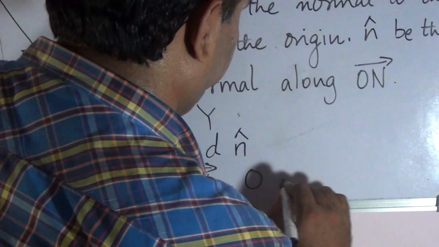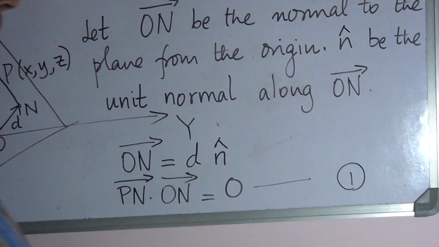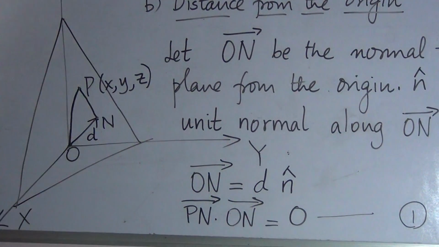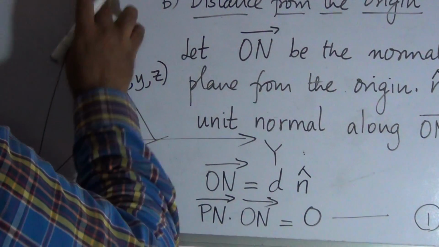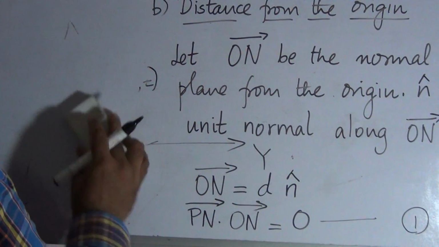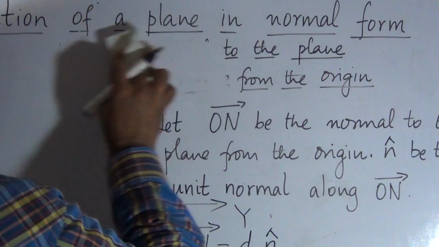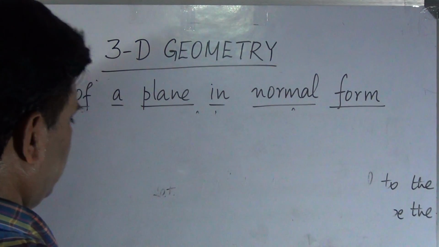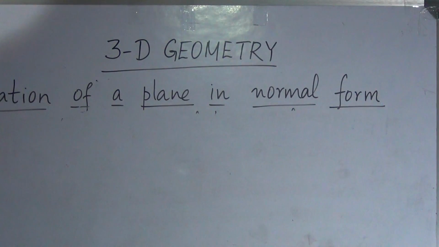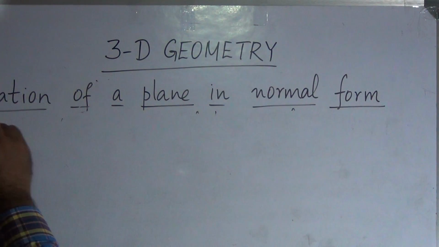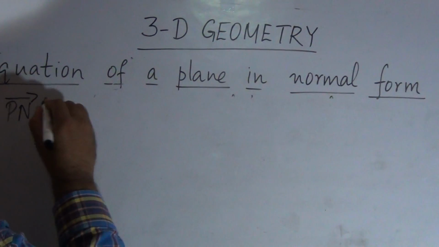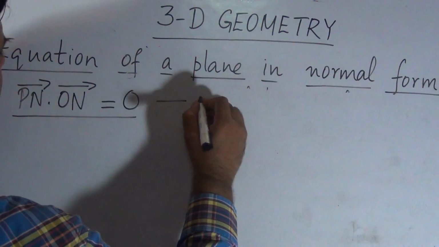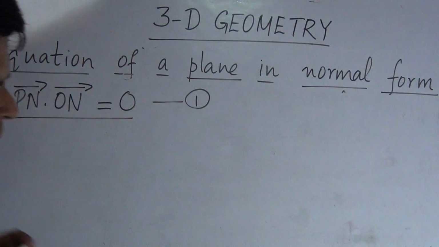So this is my first equation. I have developed the first equation, which is PN dot product with ON, these two vectors. If I take the dot product, I should get 0. Let me call it equation number 1.